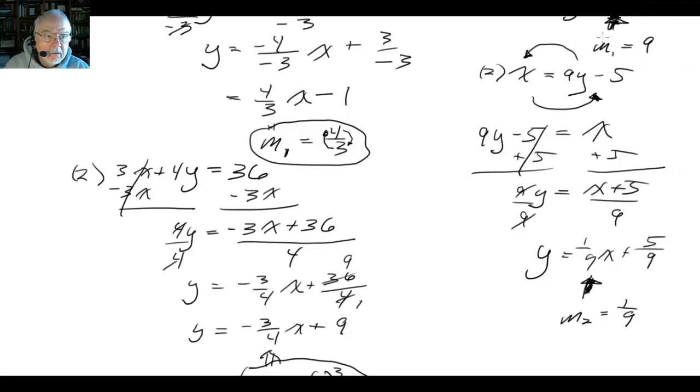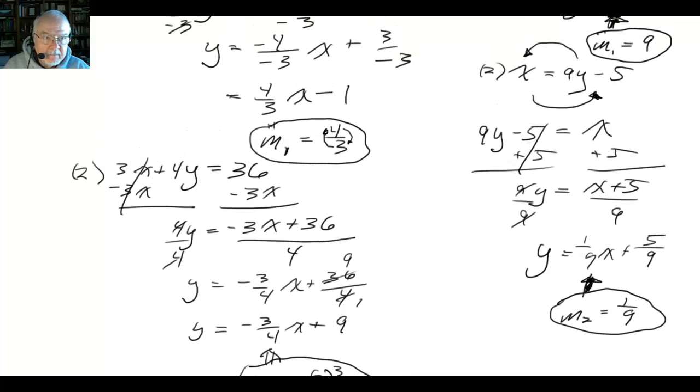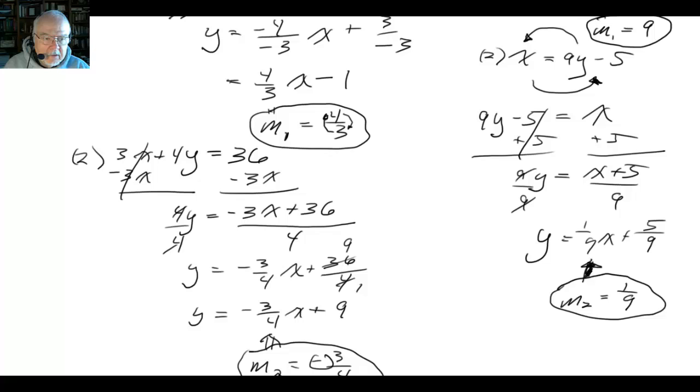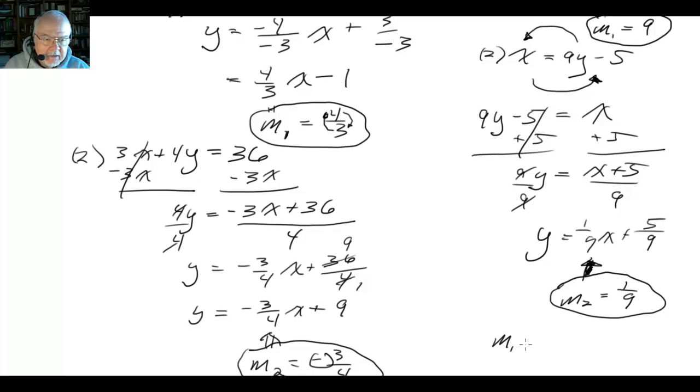m1 was 9. m2 is 1/9. They are reciprocals, but they are not negative reciprocals. There's no negative sign here. So these are not perpendicular. Tricky question. You know, if I multiply them together, the other test, m1 times m2, I get 9 times 1/9, which is 9 over 9, right?